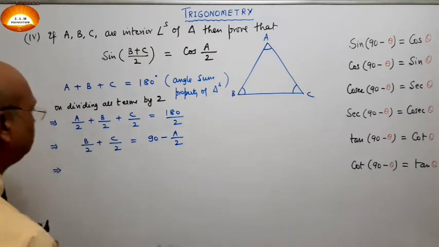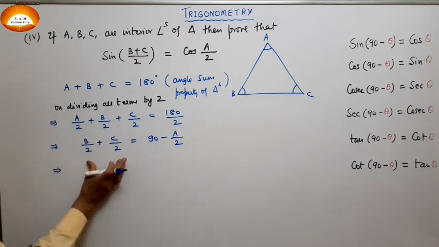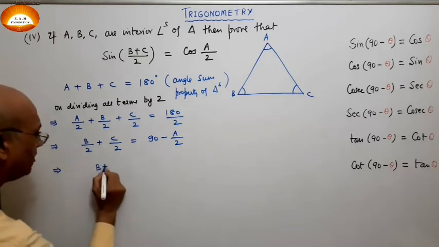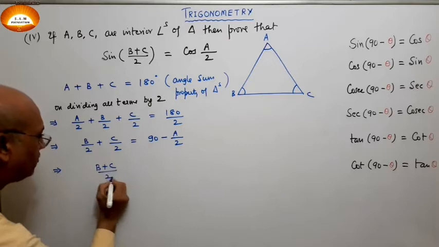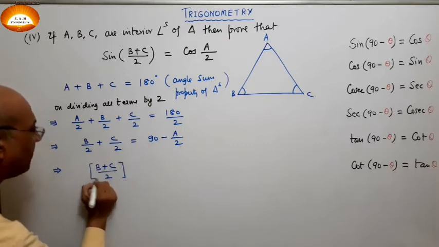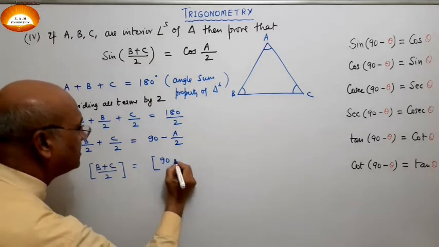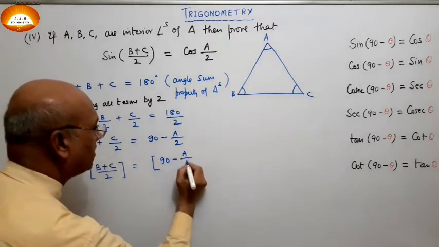Okay. Now see, here the denominators are the same. So we can write it this way: B plus C upon 2, we can put them in one bracket, and here we can put them in another bracket, that is 90 minus A upon 2.